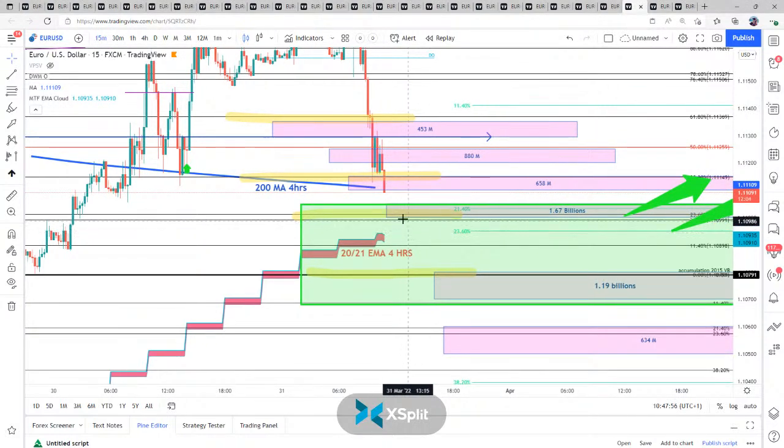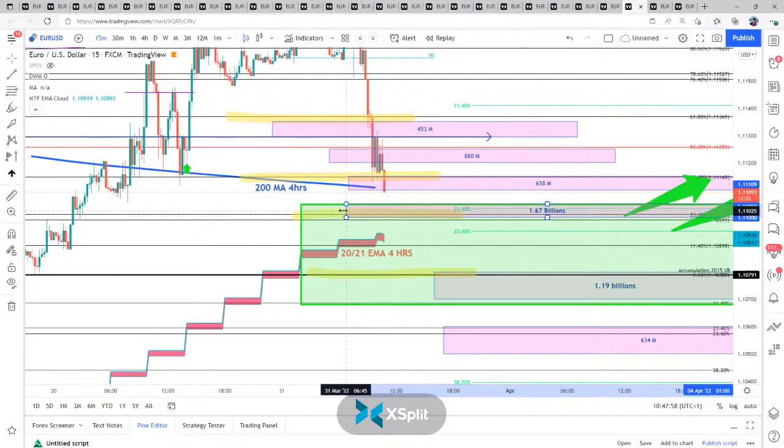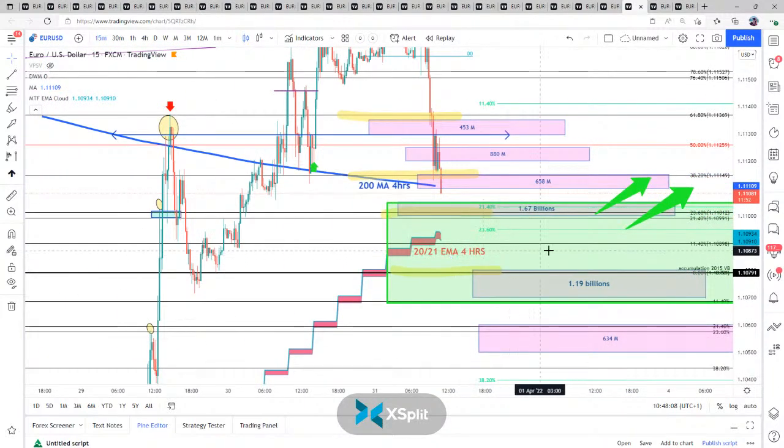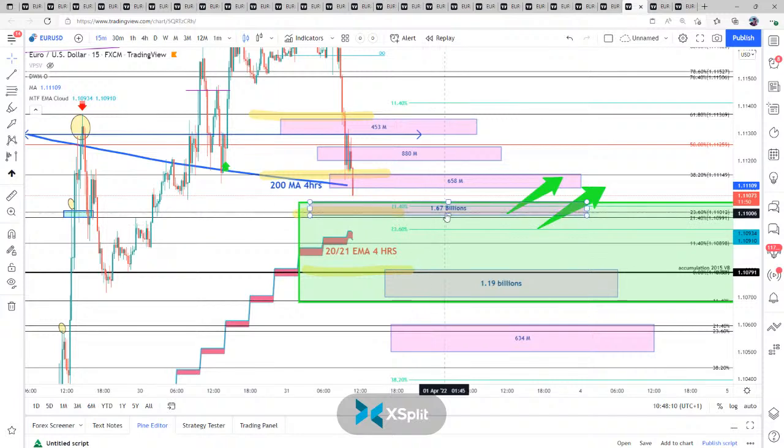Look at that. Right now, it's happening live. Very good. So if we break this one, we will go straight to the 1.68 billion. And that's when things will start to be interesting to get long, because we will take this one. Yes. Come on. Come on. Here we go. Great. I'm just posting.